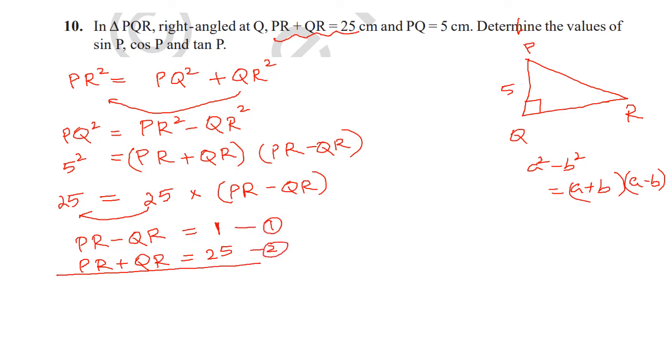What do you want to do? Add 1 plus 2. What will you get? PR plus PR, QR and QR will get cancelled. So 2PR is equal to 26 or PR is equal to 26 by 2. That is equal to 13. So you get PR as equal to 13. This is 5. Now what is QR?